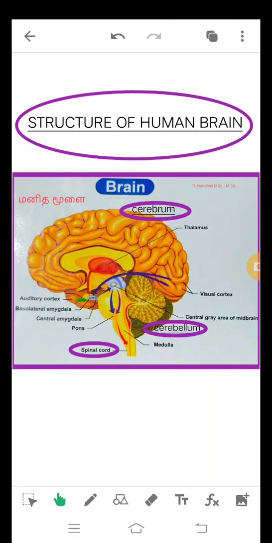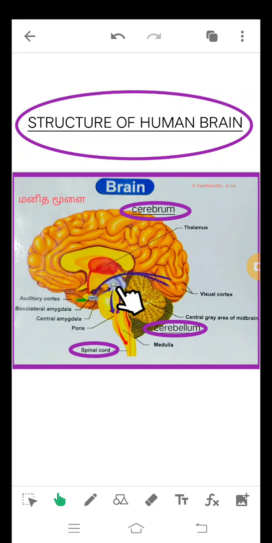Next, this is the structure of the human brain, having three main regions: cerebrum, cerebellum, and spinal cord. These three are the important portions, and in between it has the thalamus and also the hypothalamus.